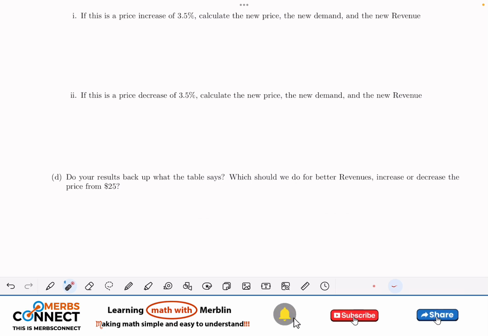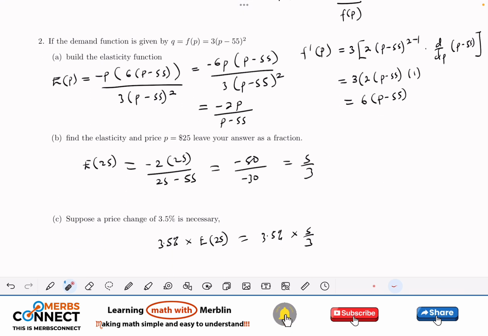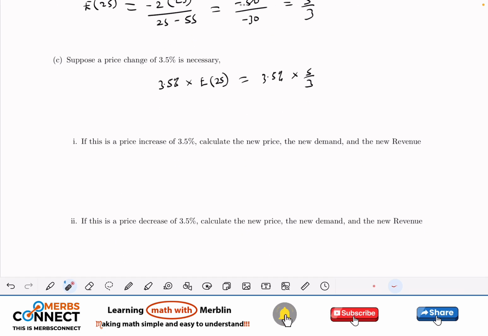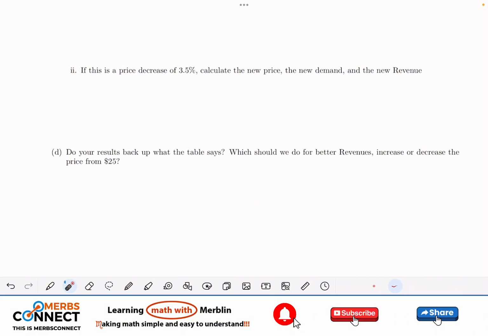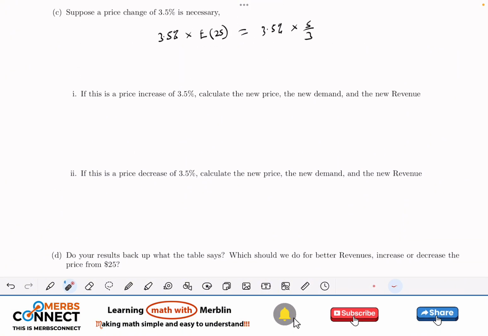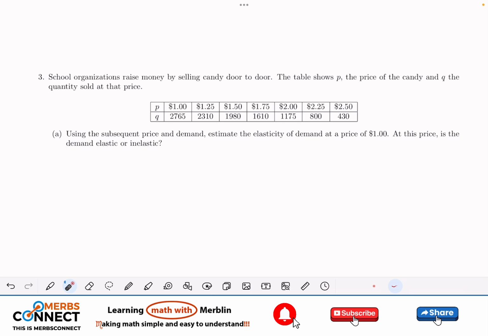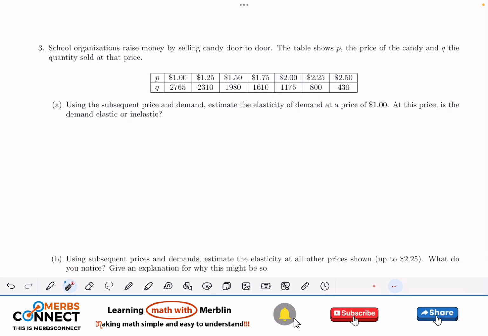Conclude by checking first if this is elastic or inelastic. I can tell you that this is elastic because this is 1 point something. So when you are doing your conclusion, you should be careful here. Follow the same thing, because this video is going to be long, so that I can also focus on the third one.